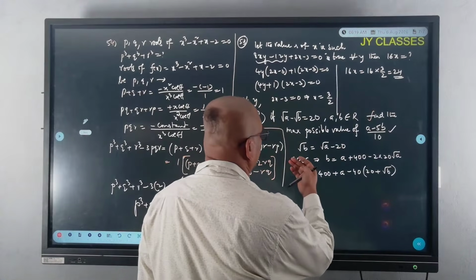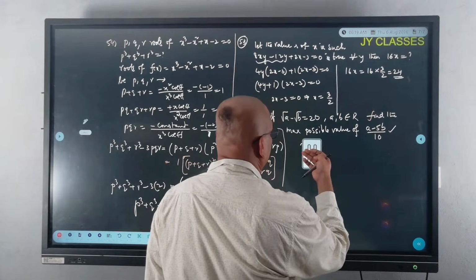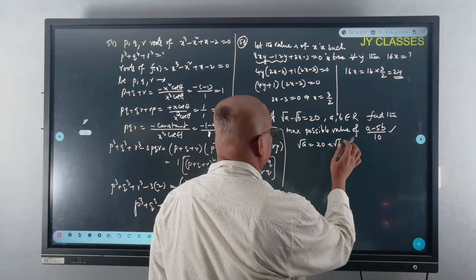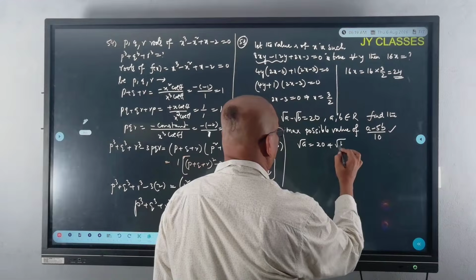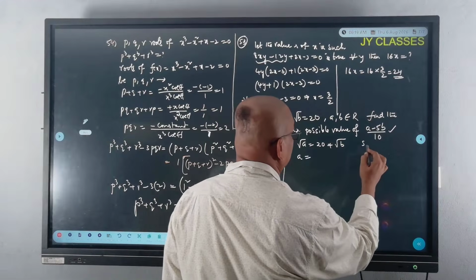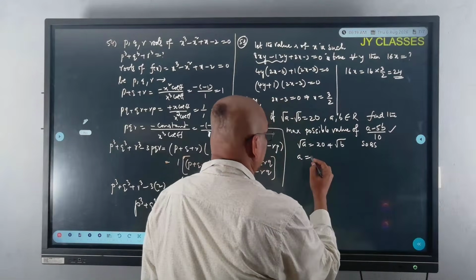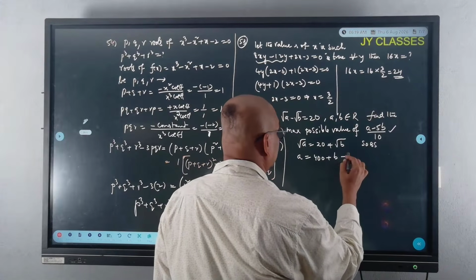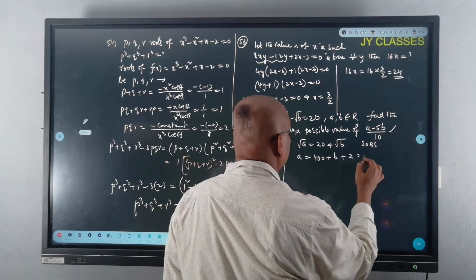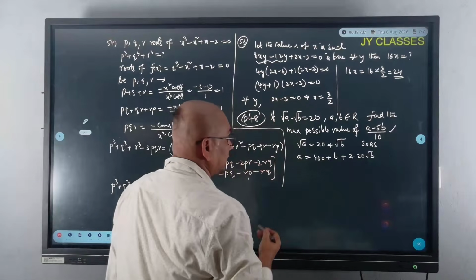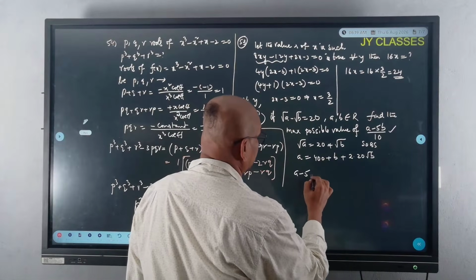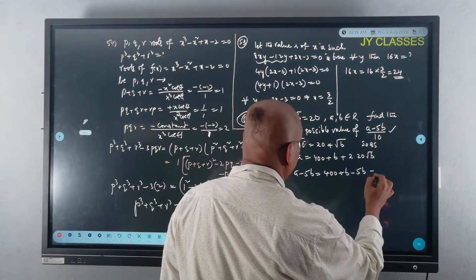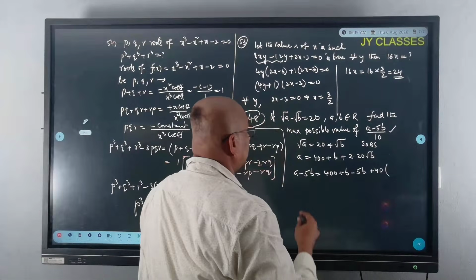Better to take a minus 5b. Take a: root a is equal to 20 plus root b. So squaring on both sides, a is equal to 400 plus b plus 2 into 20 root b. So what we have to find, a minus 5b is equal to 400 plus b minus 5b plus 40 into root b. What is root b here?